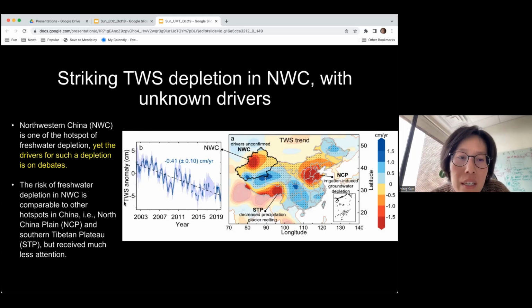The issue is that the magnitude of such a depletion in northwestern China is at a similar magnitude as the North China Plain and also the southern Tibetan Plateau. But in these two regions, the mechanisms are more or less clearly identified and understood, which is not the case in northwestern China, which right now is still under debate.